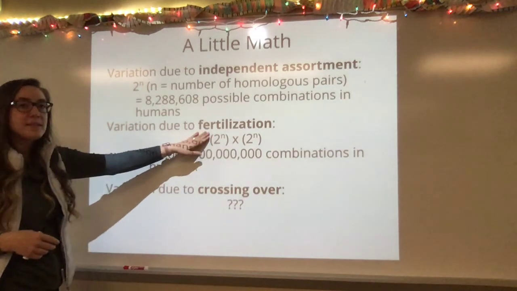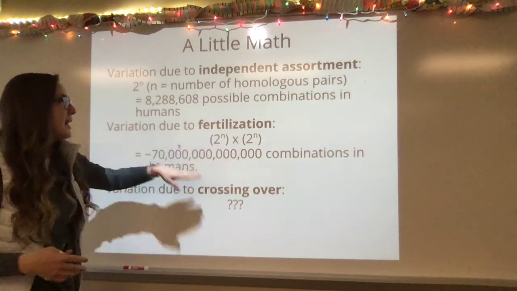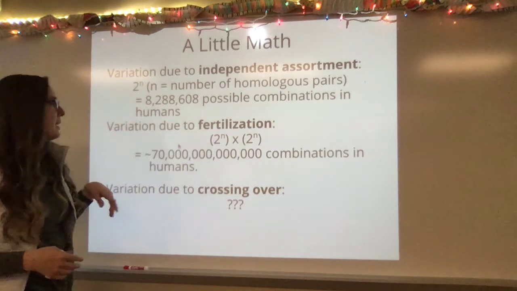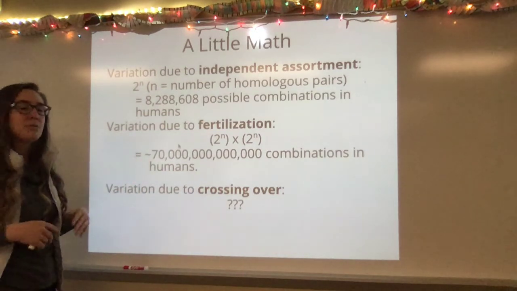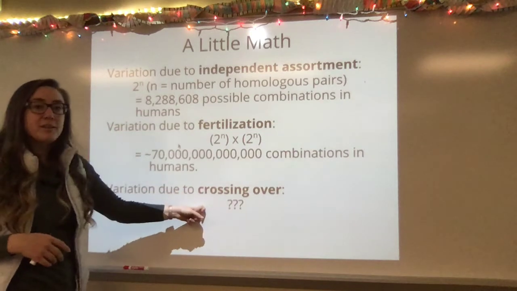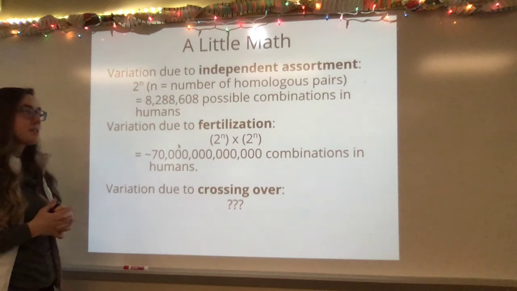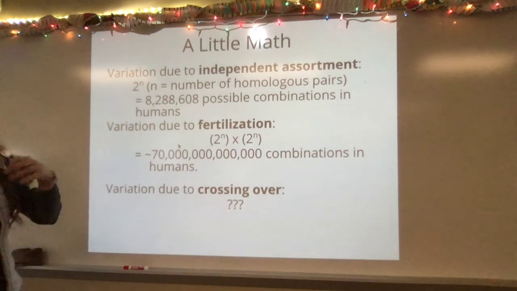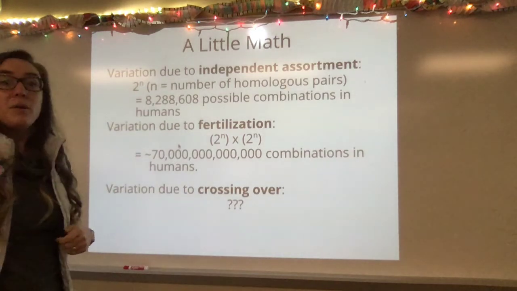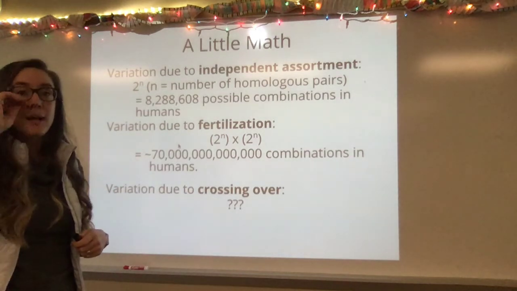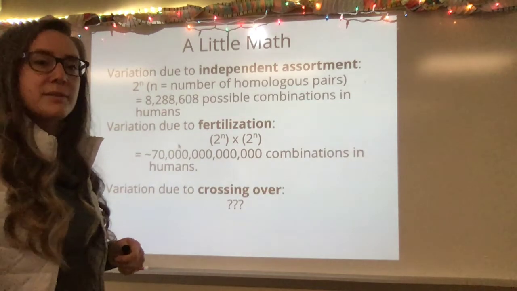And then think of fertilization, that only increases the amount of variation, because both mom and dad can create those 8 million possible combinations. Together it's like 70 trillion combinations of unique offspring. And then add to that crossing over, and the amount of variation is exponential, because now we have those genetic recombinations of those chromosomes. So the importance of meiosis, besides retaining chromosome number, is also that genetic variation.